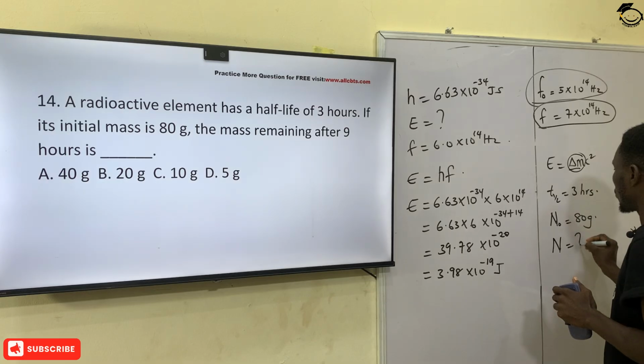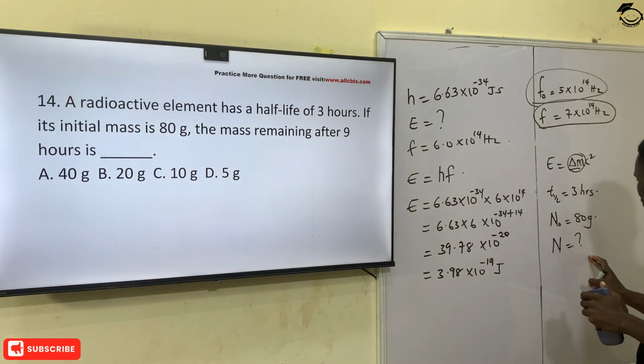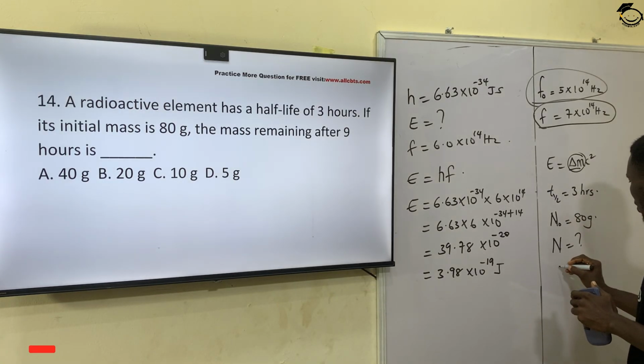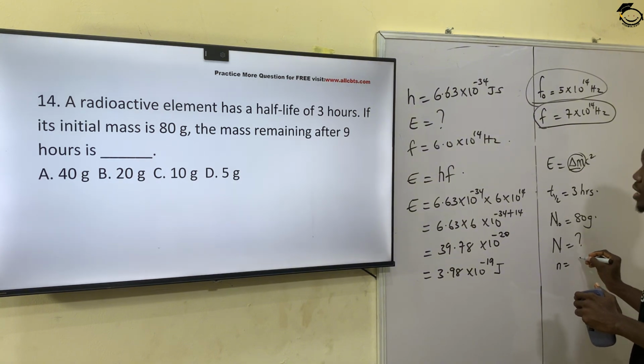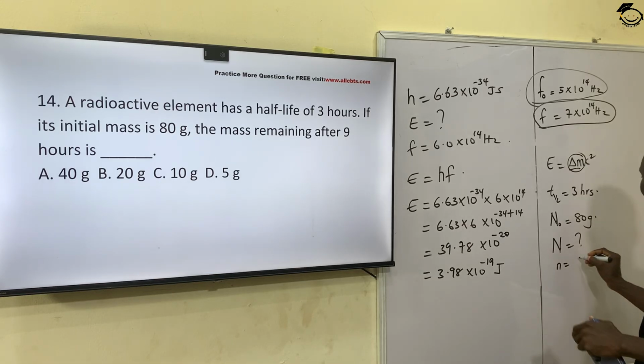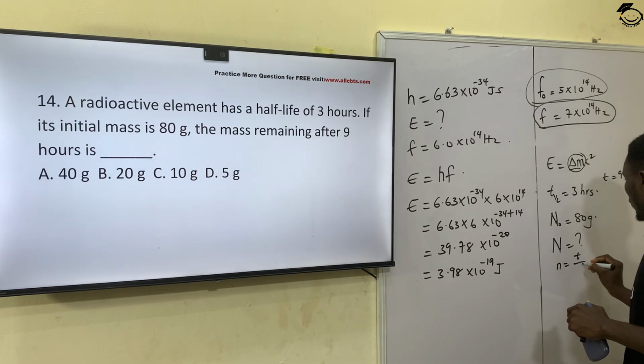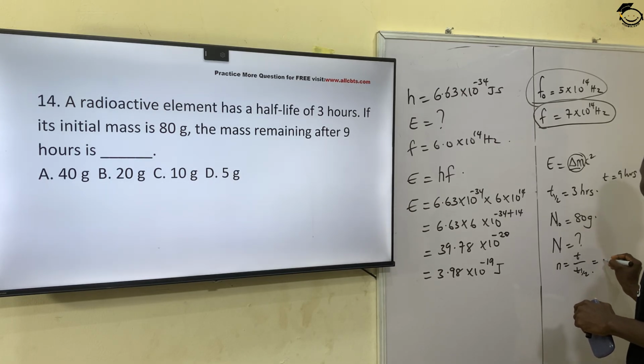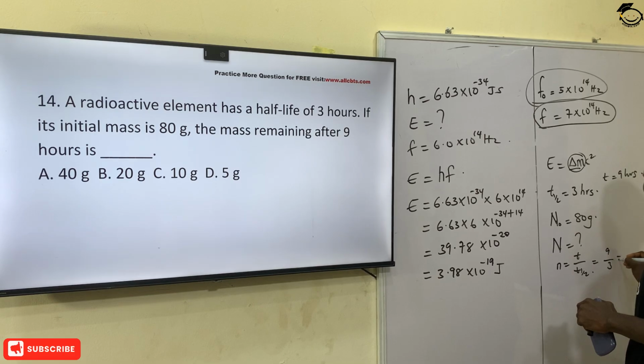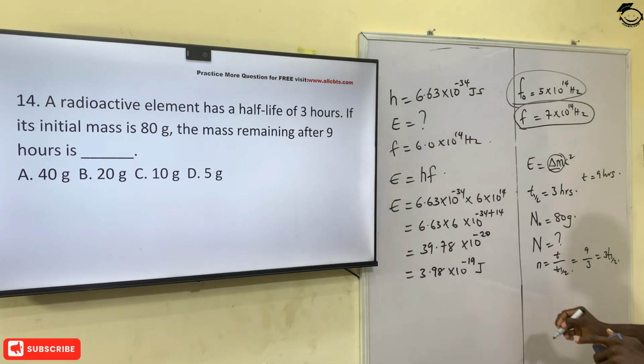Our N is unknown. So my T was given as 9 hours, and my number of half-lives is T over T half, which is the same as 9 over 3 hours, which will give me 3 half-lives.